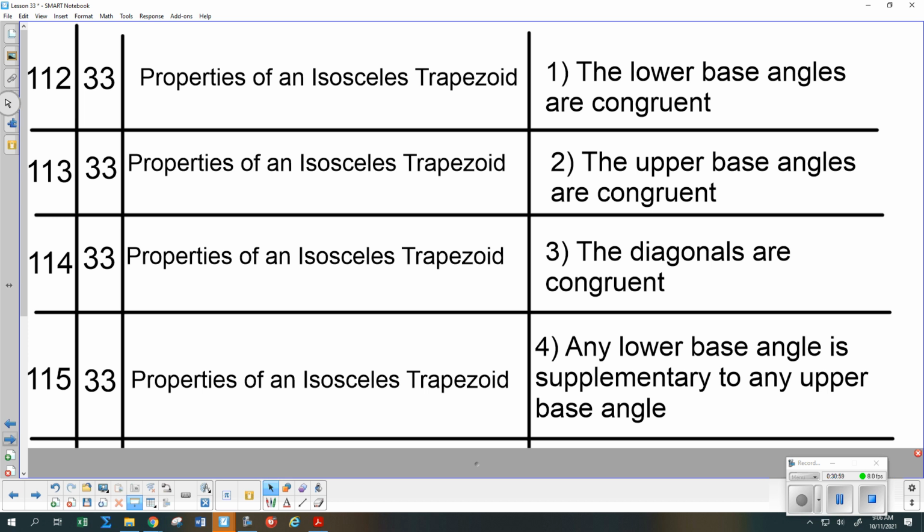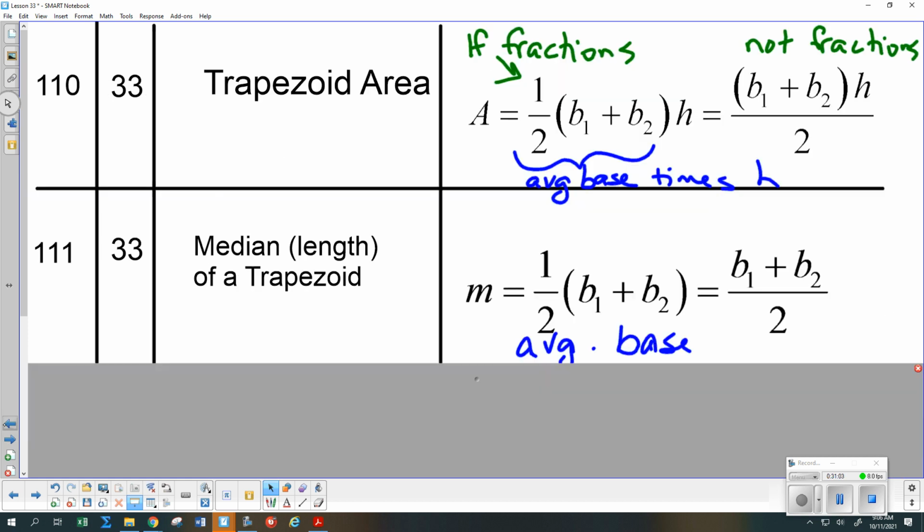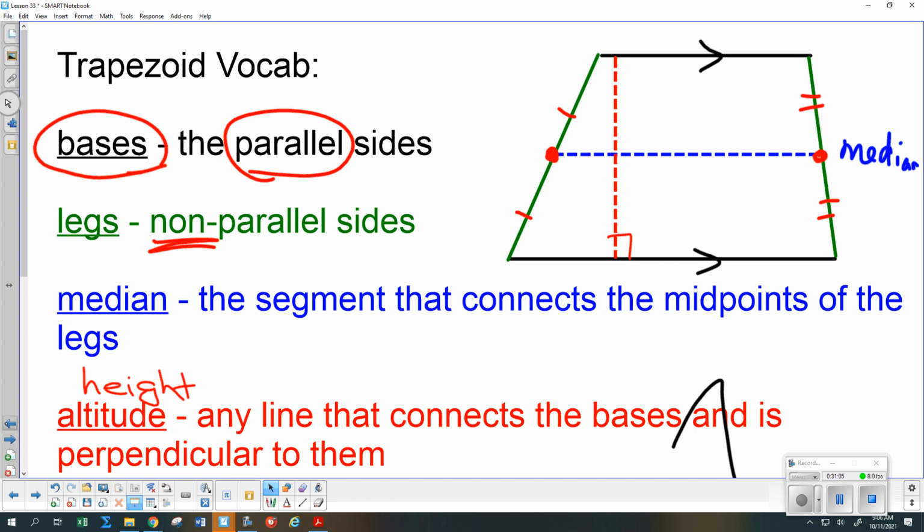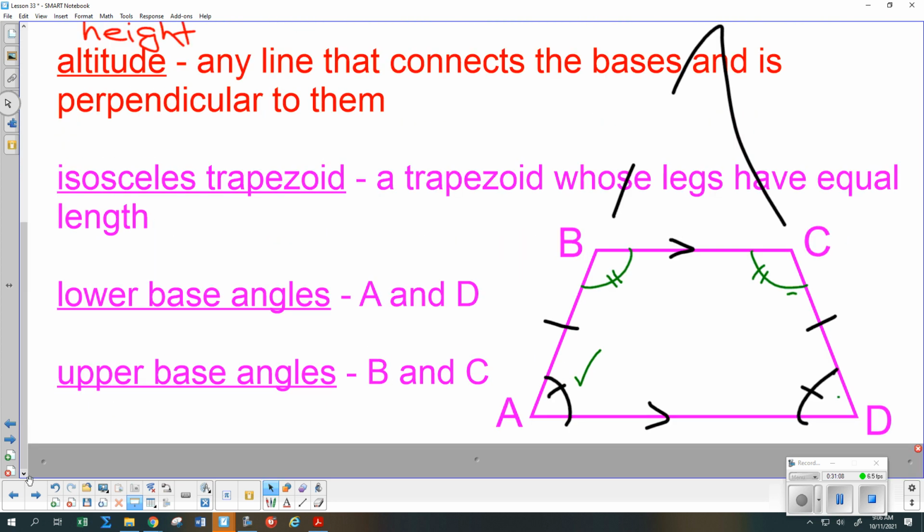The other special property in there is that the diagonals will be congruent. So if I came back to my picture here and I drew in my diagonals, I could do my similar triangles again with the whole, and get that those two diagonals would have to be corresponding sides, so they'd have to be congruent.